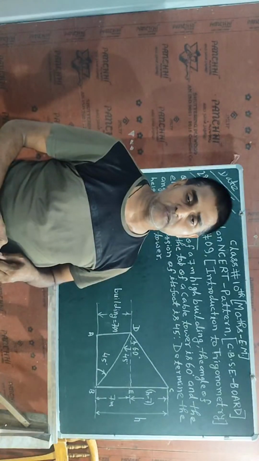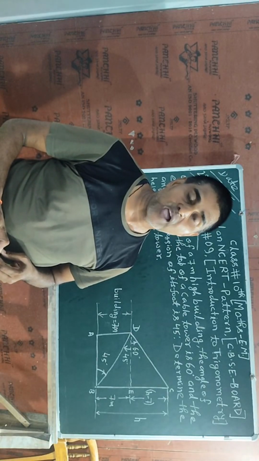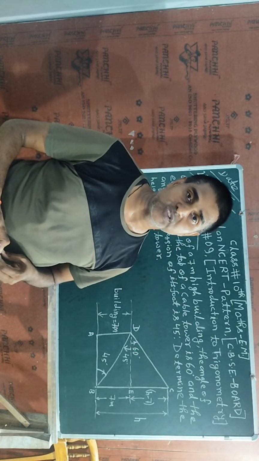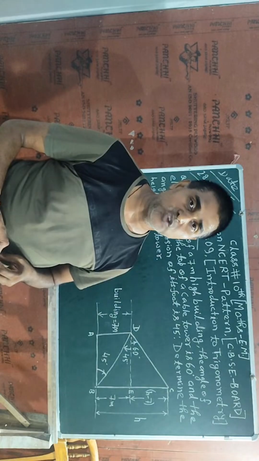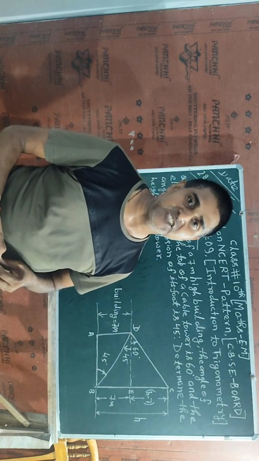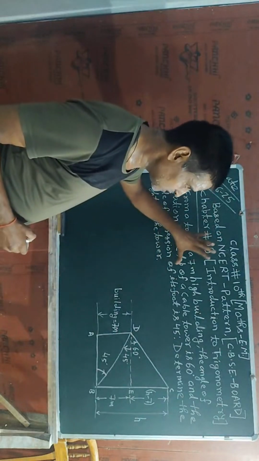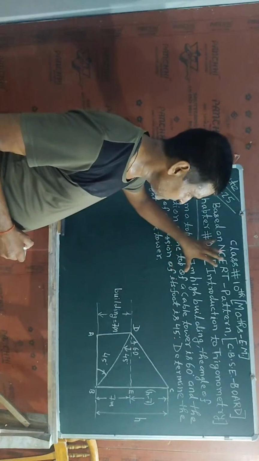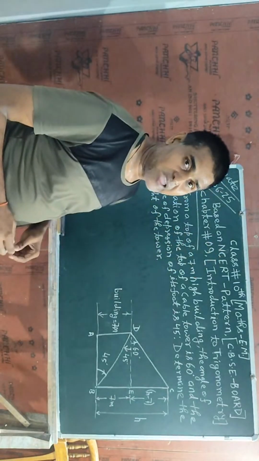I will use the application of trigonometric ratios in the Height and Distance chapter. First of all I will describe all the information written on the blackboard, and then I will solve it properly.